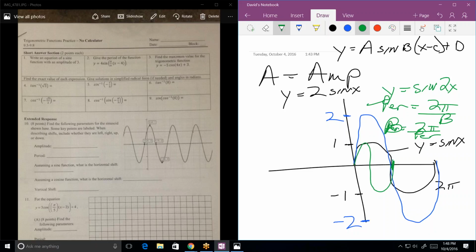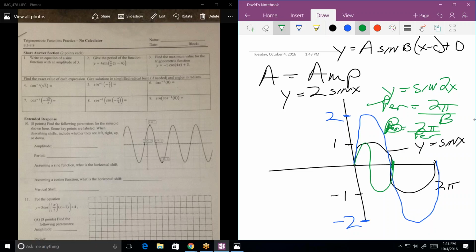Notice that when B is greater than 1, in this case it's 2, it's a horizontal scrunch, correct? Yes. Just like with polynomials. When the number inside the function is greater than 1, it acts as a horizontal scrunch factor.